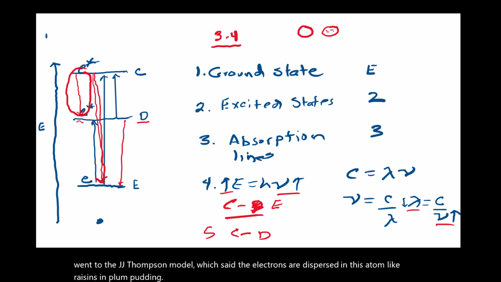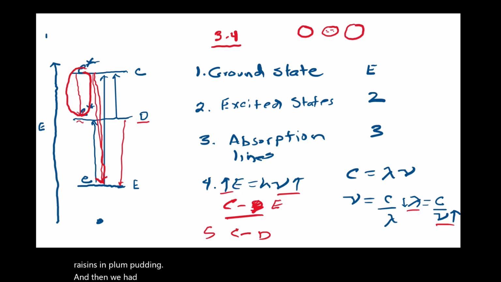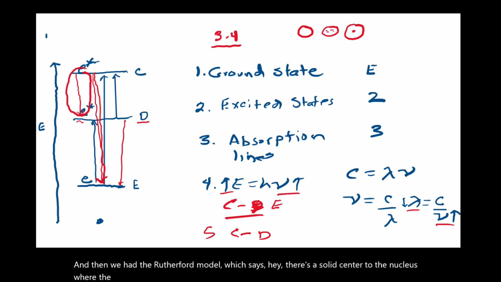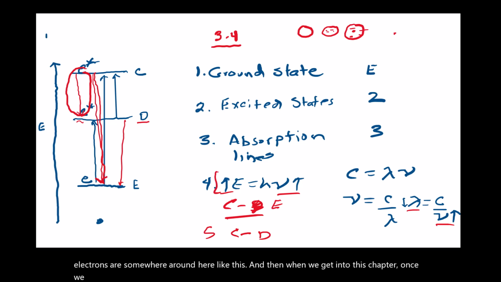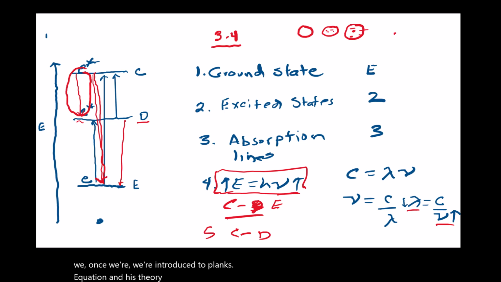And then we had the Rutherford model, which says there's a solid center, the nucleus, where 99.99% of the mass resides with the protons and neutrons, and the electrons are somewhere around here. And then when we get into this chapter, we're introduced to Planck's equation and his theory, and then Bohr.